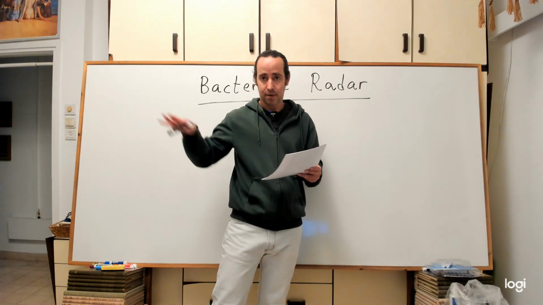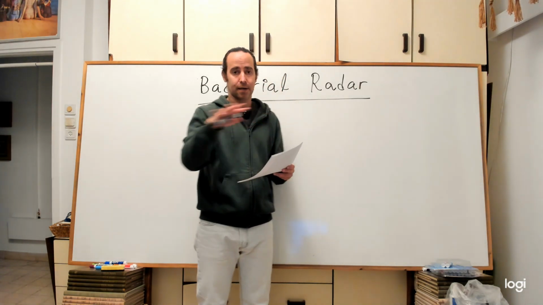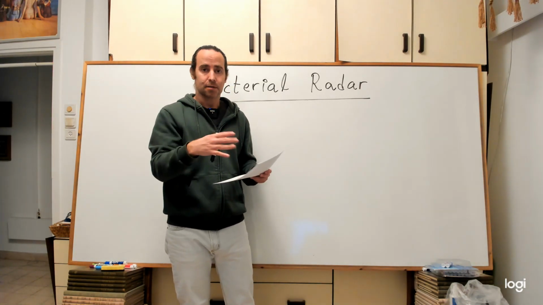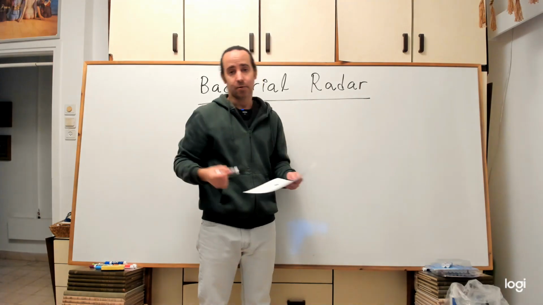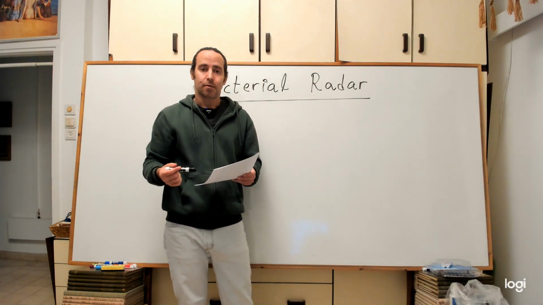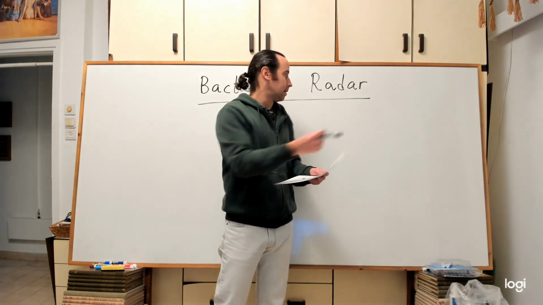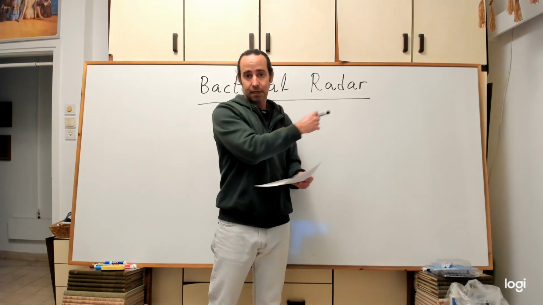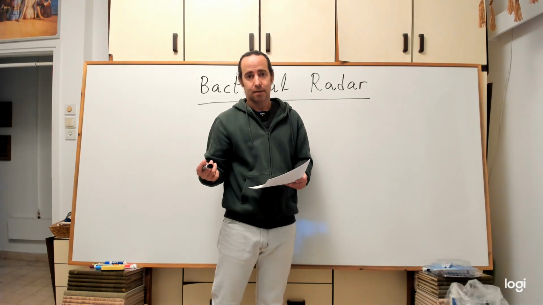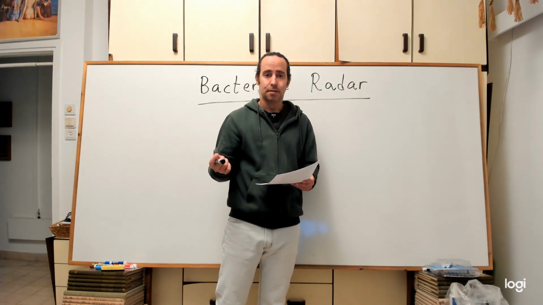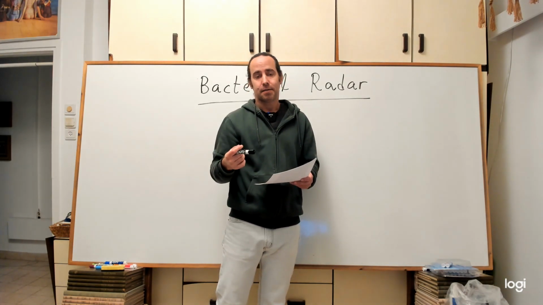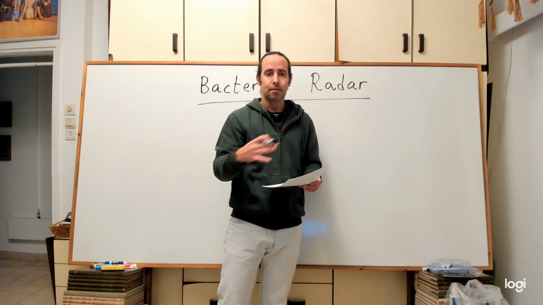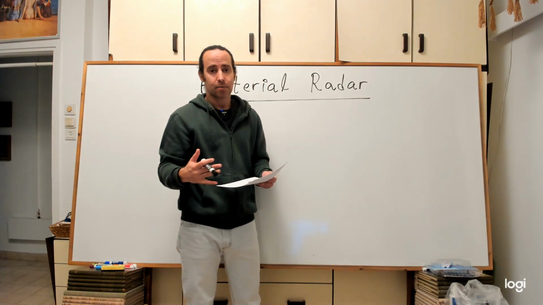Like a flying bat knows where he is using sonar, which is actually a form of radar. A radar is based on electromagnetic waves, and a bat uses sound waves, but he knows where he is using some form of radar.